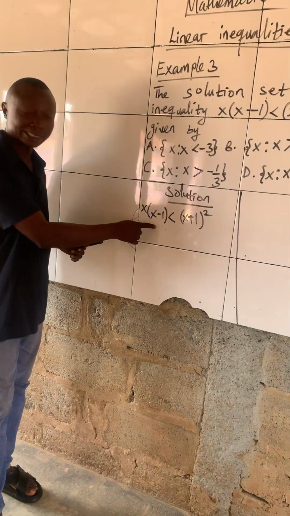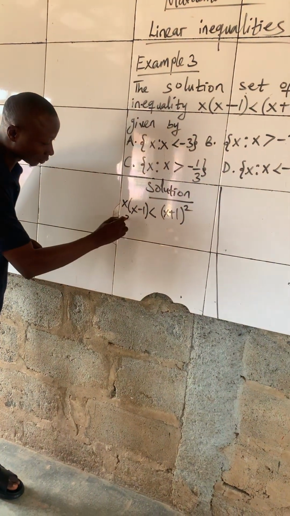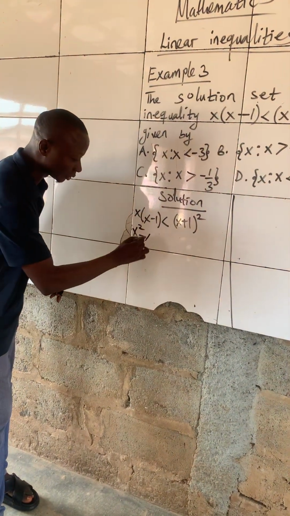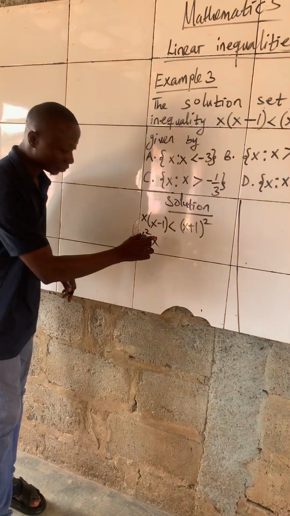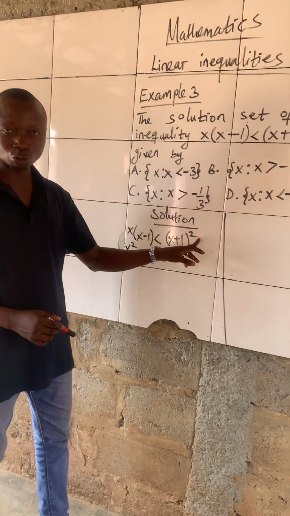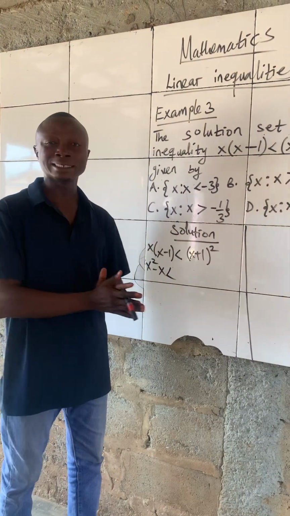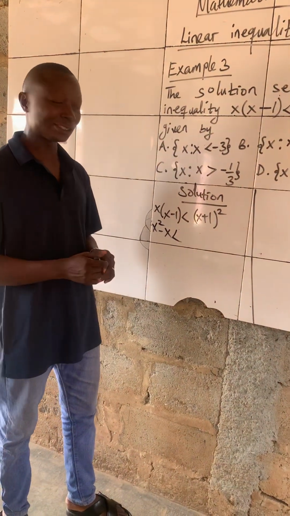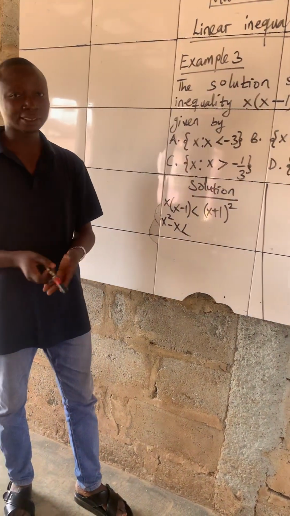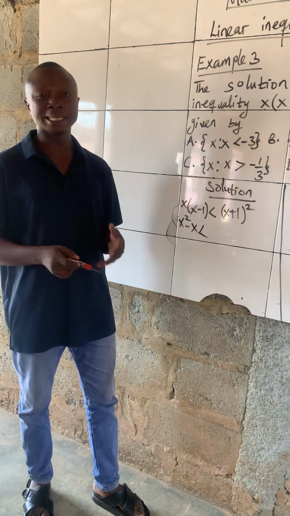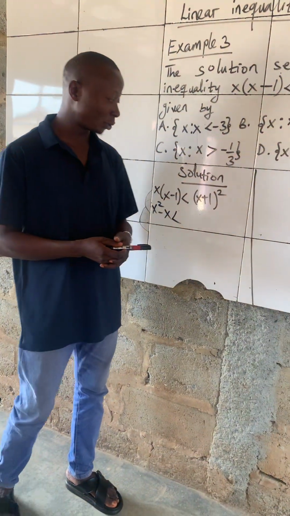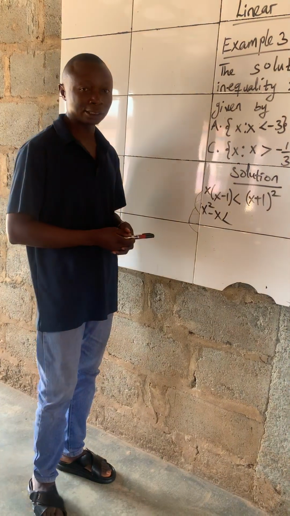So x times x is x squared. Then x times -1 is -x. Are you getting it now? Less than. Because of this power 2, we can expand using the binomial theorem. Remember, it is an objective question, so we need to devise a method that is less time consuming so that we can meet up with the given time.